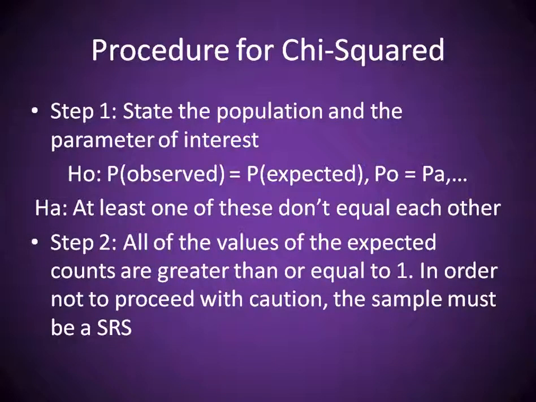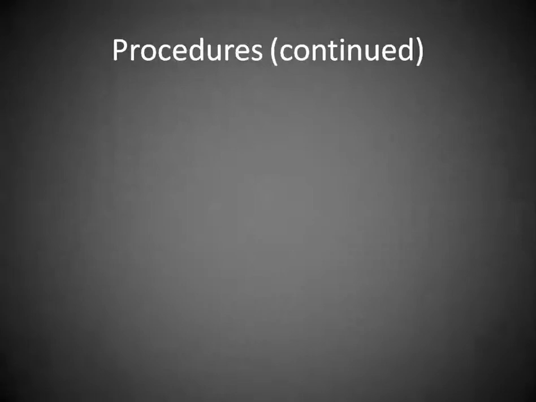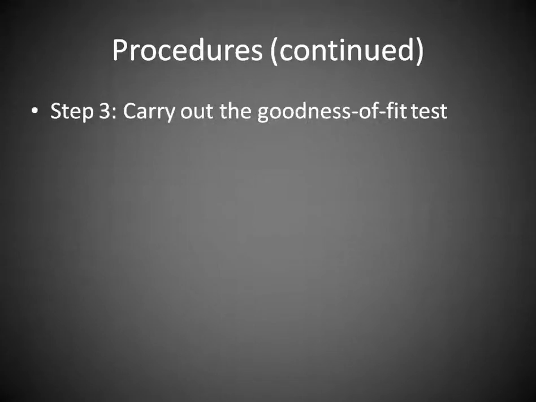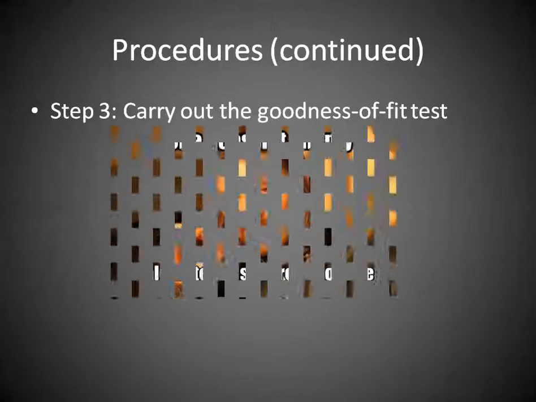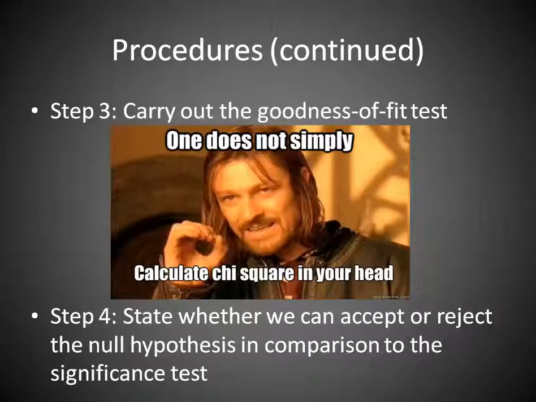All of the expected counts must be greater than or equal to 1. In order not to proceed with caution, the sample must be an SRS. Step 3. Carry out the goodness of fit test. Step 4. State whether we can accept or reject the null hypothesis in comparison to the significance level.